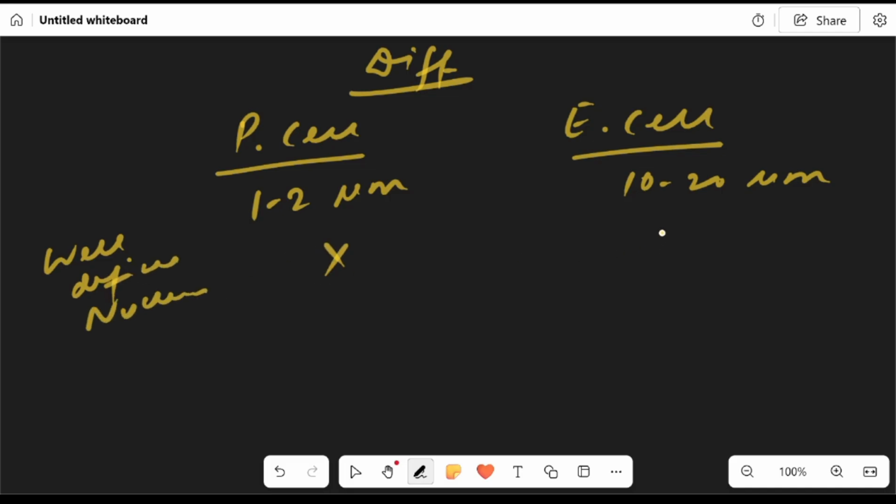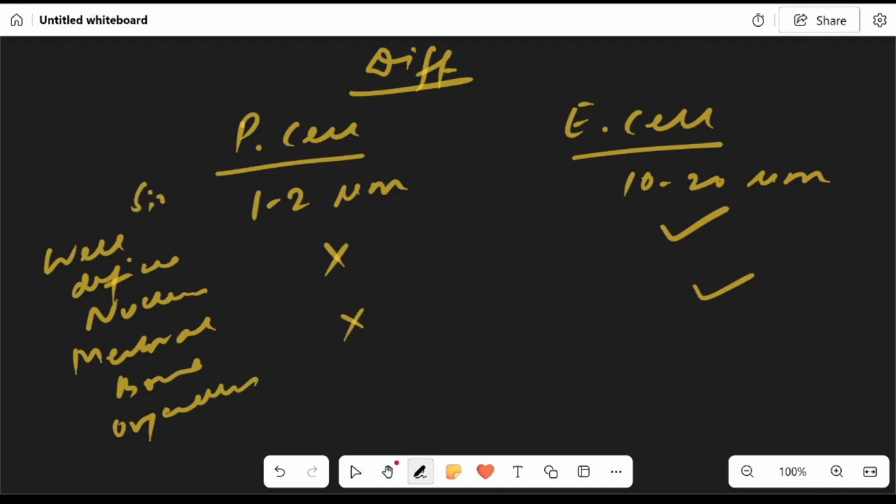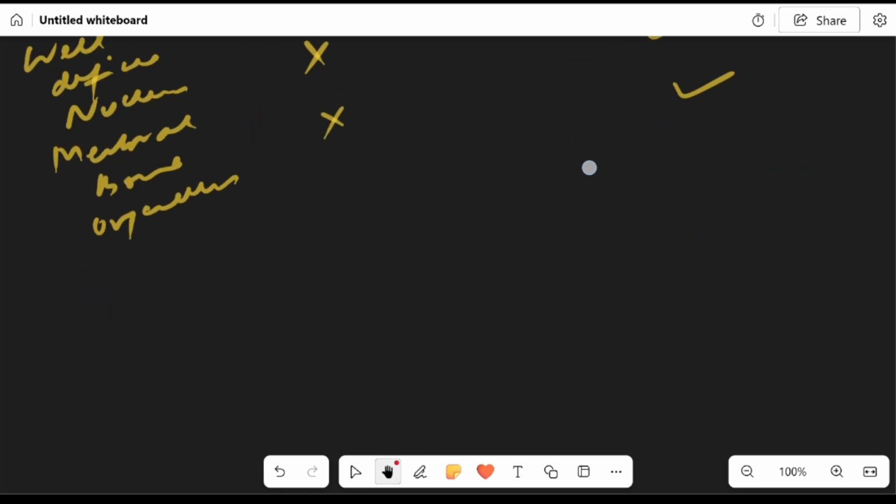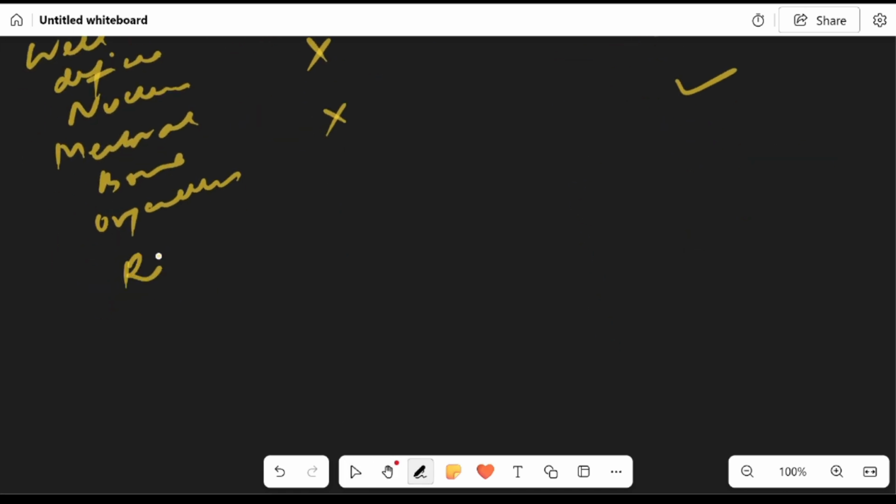It doesn't have. It has. Membrane bound organelles? It doesn't have. It has. Ribosomes: in prokaryotic cell we have 70S. In eukaryotic we have 80S.